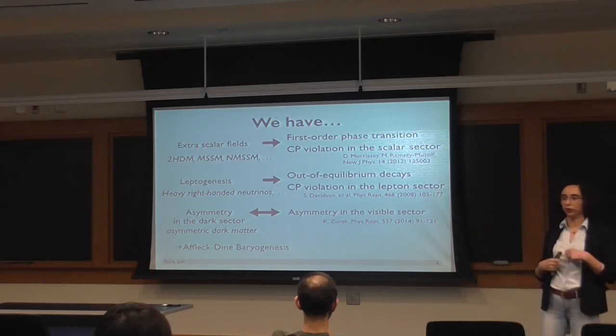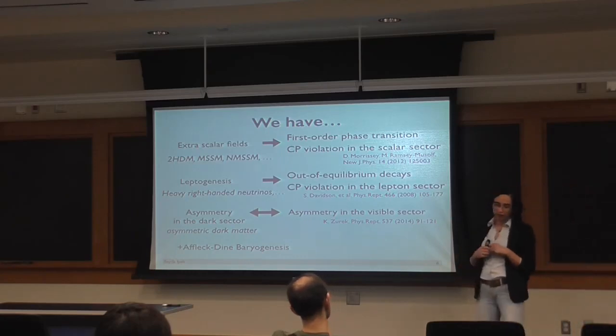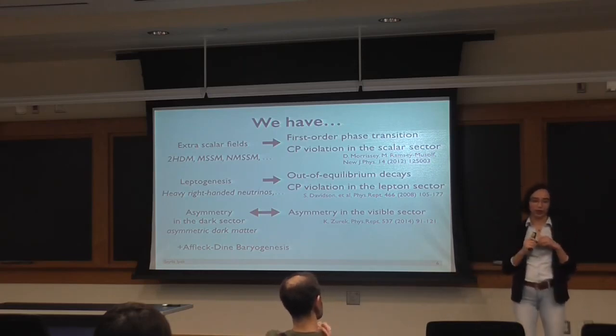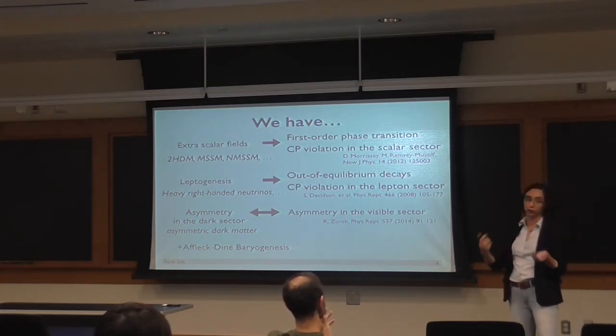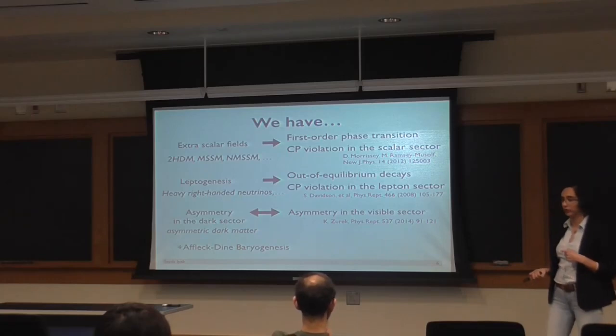These are basically new Higgs bosons or Higgs fields. And what happens when you add a new scalar particle into the standard model is that the transition from a Higgs field of zero vacuum expectation value to non-zero vacuum expectation value becomes a first order phase transition. And a first order phase transition happens via an out of equilibrium process.